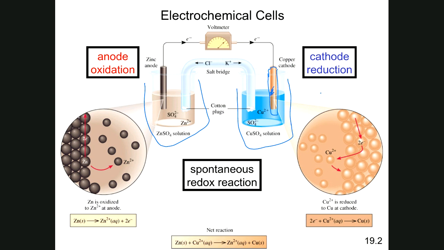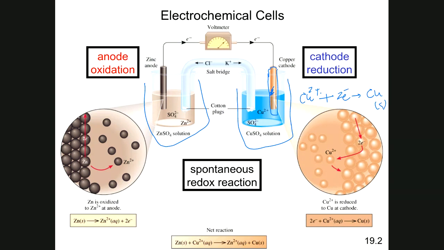It could be graphite or it could be copper, but if it's copper, then copper that is reduced is changing from Cu2+, gaining 2 electrons to change to Cu solid. Then that solid copper is going to deposit over this copper electrode, and this copper electrode is going to gain mass.